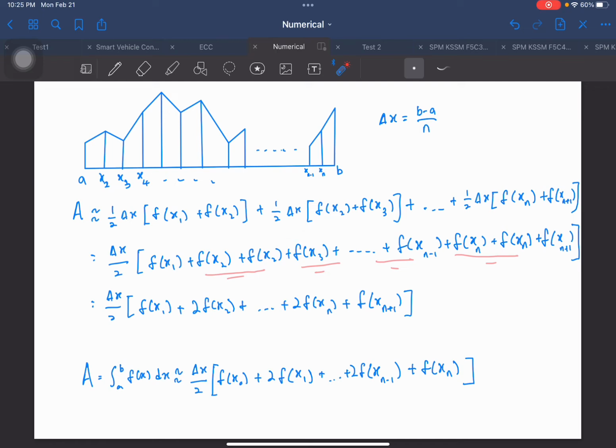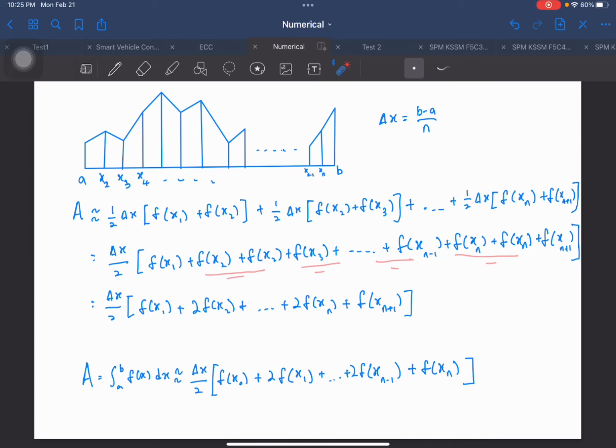So how can we get the estimated area under the curve using this method? You can see that there are n segments here, so there are n trapezoids. By plugging in the formula that we learned yesterday, what is the area of a trapezoid? Half times this side times the sum of this plus this, right? We do this for every segment.